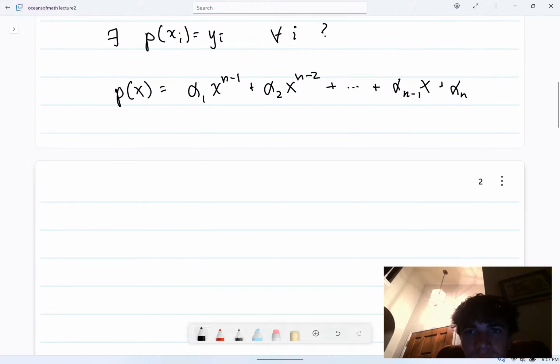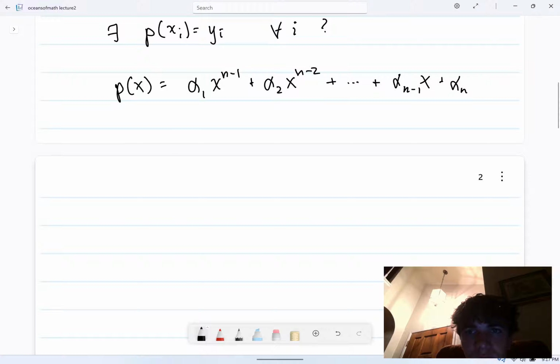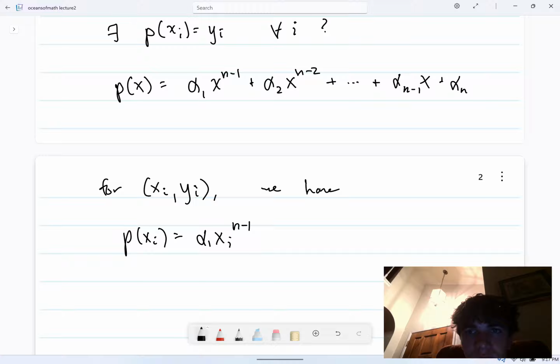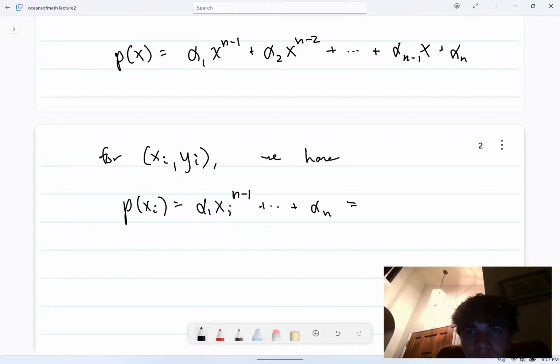And now plugging in the n points that we've been given into this polynomial, we get a set of n different equations. Okay, so for xi, yi, we have an equation which is p of xi, which is equal to alpha 1 xi to the n minus 1 plus, plus alpha n is equal to yi.